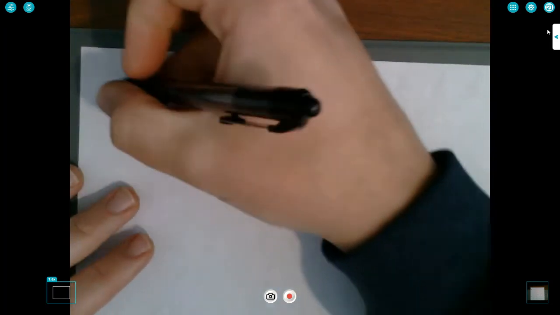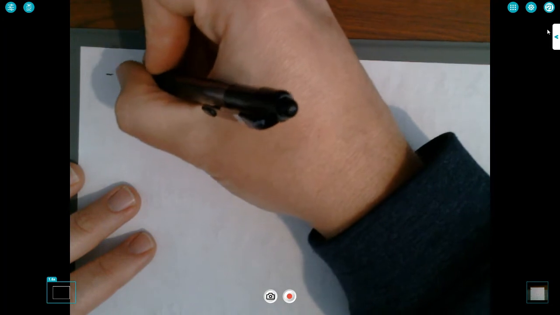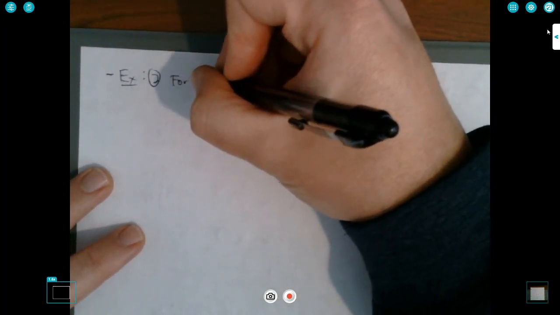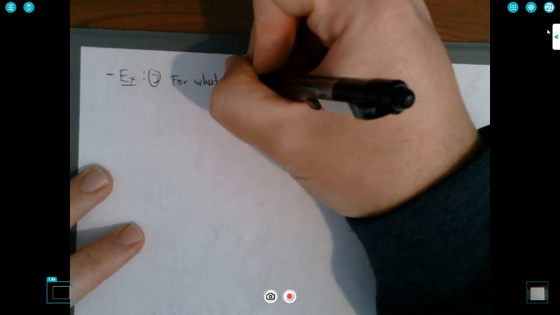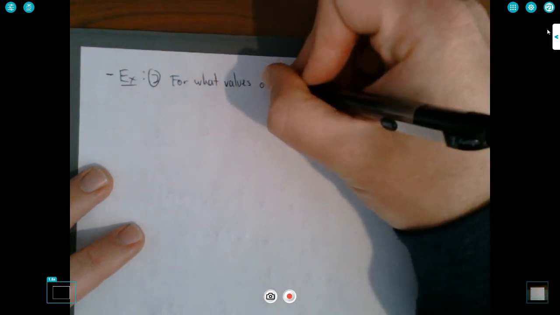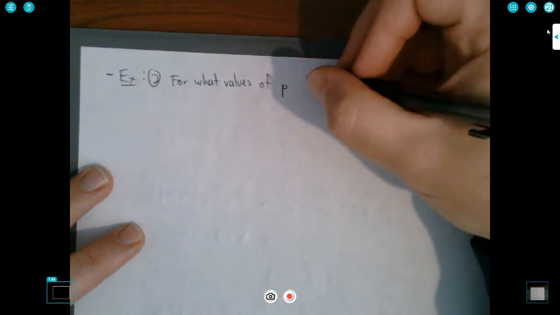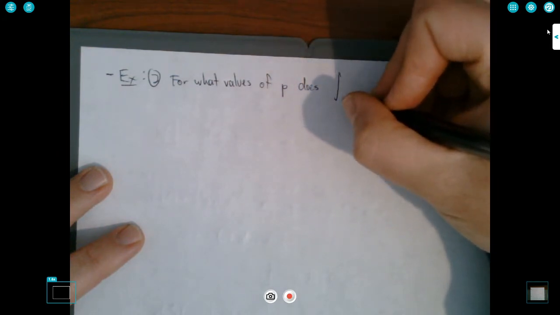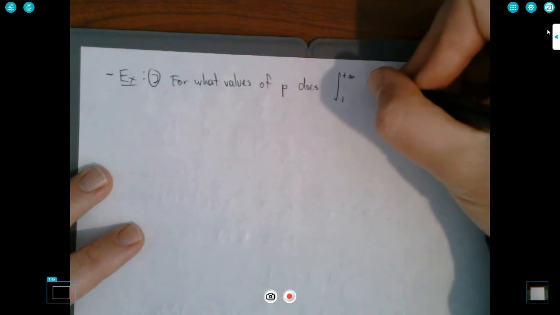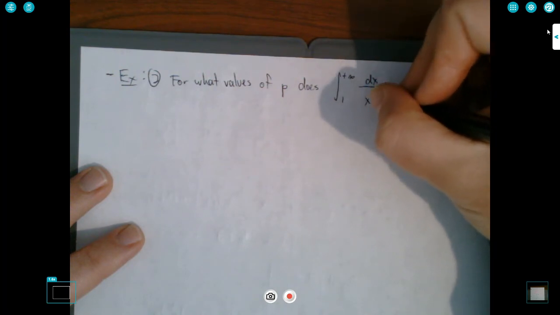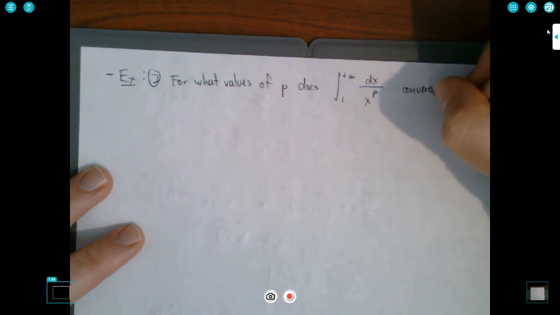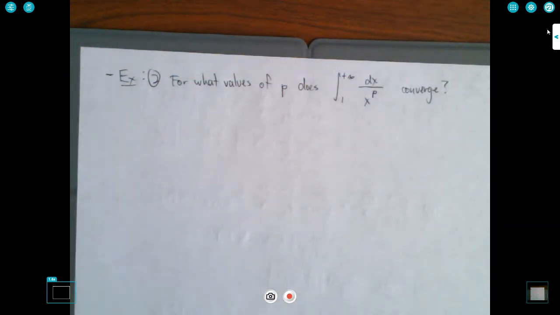So for what values of p does the integral from 1 to positive infinity of dx over x to the p converge? Let's see if we can answer that question.